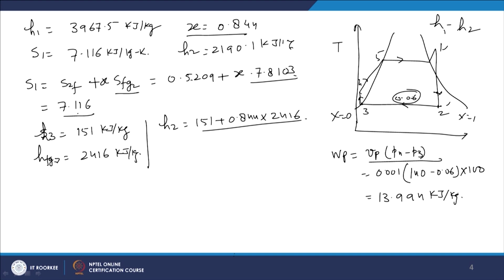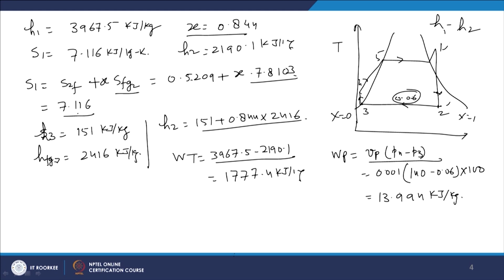Now, this is the output. Work of the turbine is 3967.5 minus 2190.1, and if we take the difference of these two, then we get 1777.4 kilojoules per kg. Now, a part of this turbine output is used for the pumping.